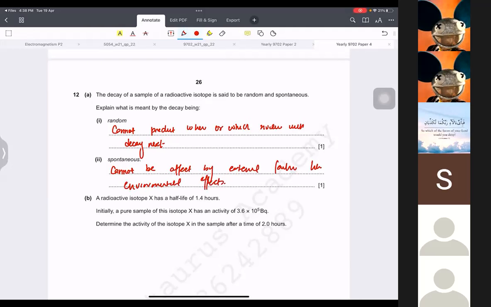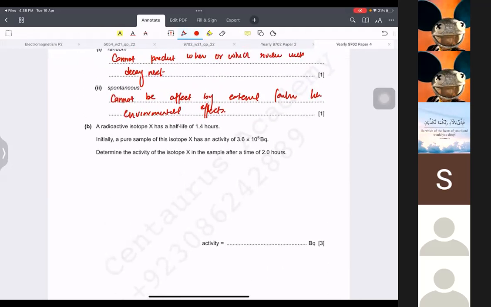Then you have a radioactive isotope with a half-life. A pure sample of the isotope is given. Determine the activity after 2 hours.